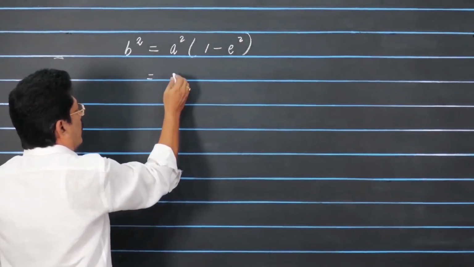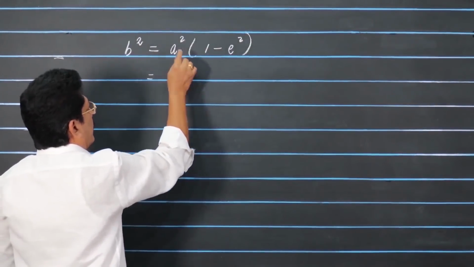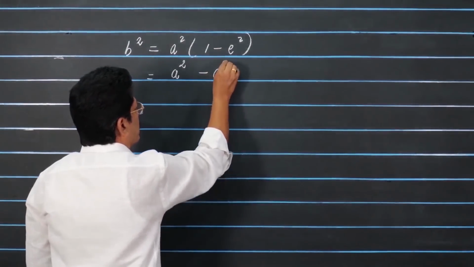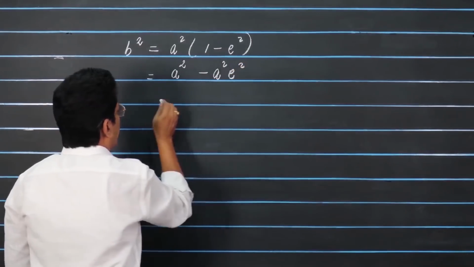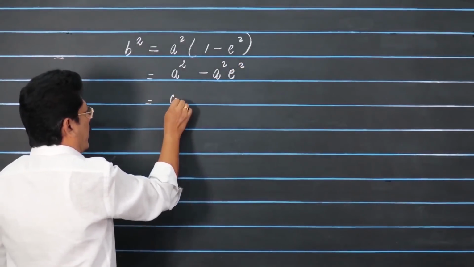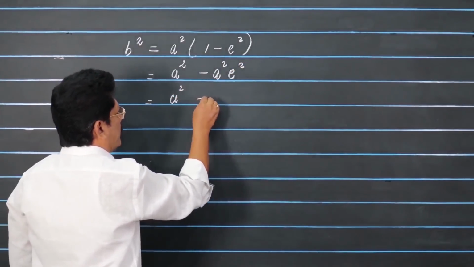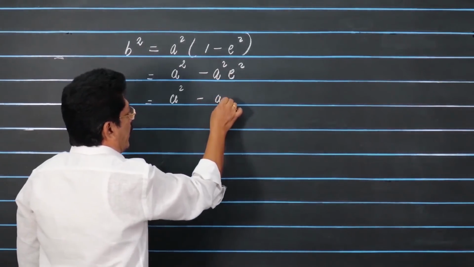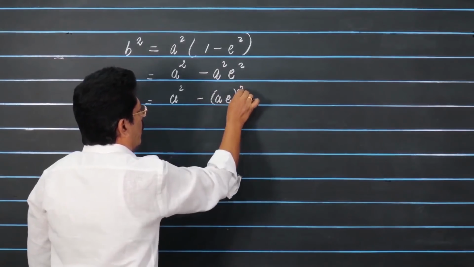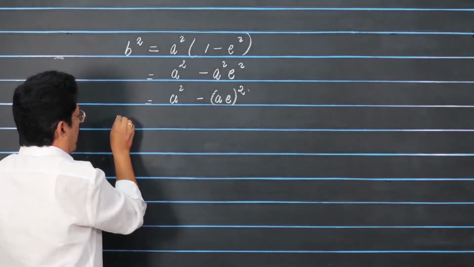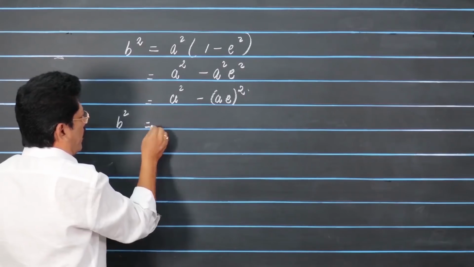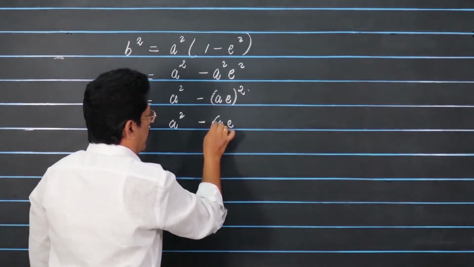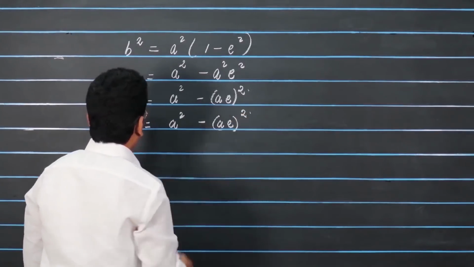A squared into 1 will give you a squared. A squared into minus e squared will give you minus a squared e squared. So a squared minus a squared e squared will give you a squared minus ae the whole squared.